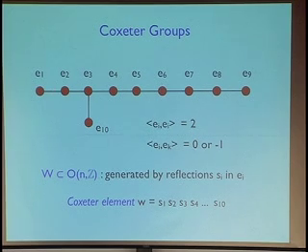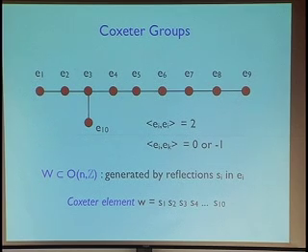And the way it works is your vector space has a basis element for each node in the diagram. And then the inner products between elements are typically 0. But if they happen to be joined by an edge, you make the inner product -1, and you make the length, or the squared length of each element equal to 2. So this is just a shorthand for a sparse matrix that describes a quadratic form.